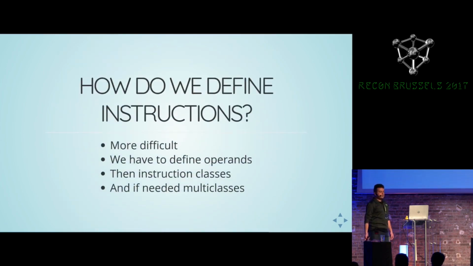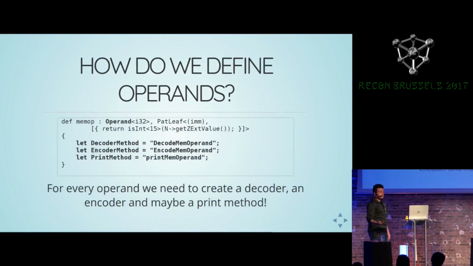Let's see how we will define instructions. We first have to define all operands, then instruction classes, multiclasses, and finally we will define the instructions. How do we define an operand? We always make an instance of this class, the operand class. And we have to define a decoder method, an encoder method, and the print method.